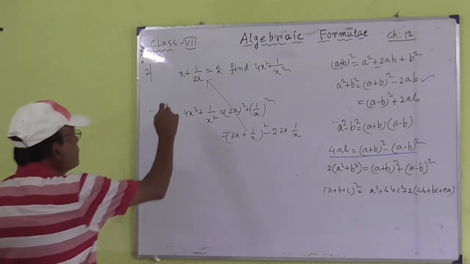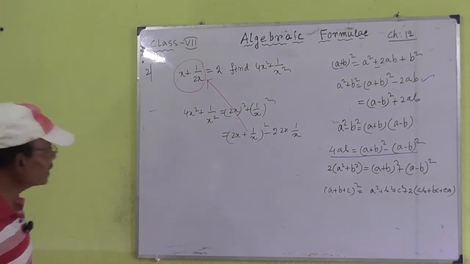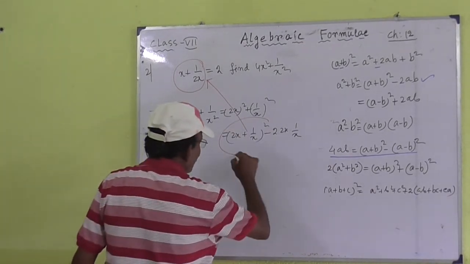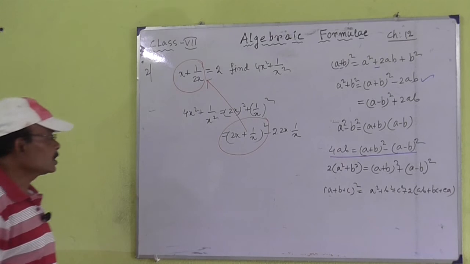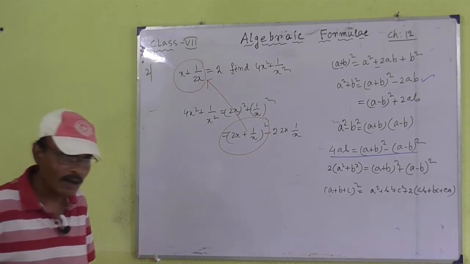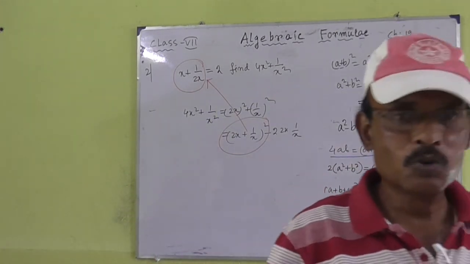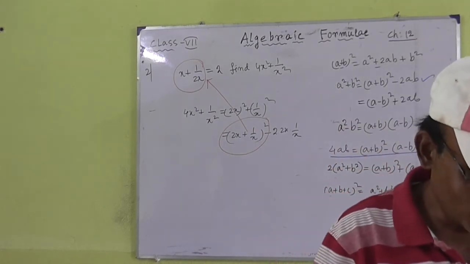Here given x plus 1 by 2x, but here 2x plus 1 by x. There is no value of 2x plus 1 by x.